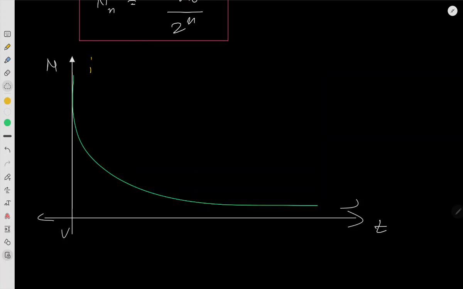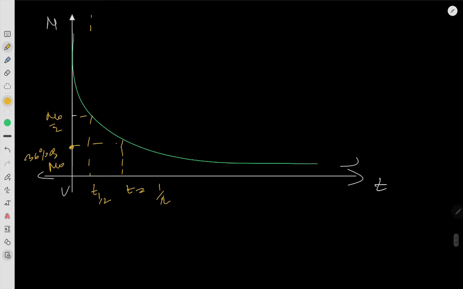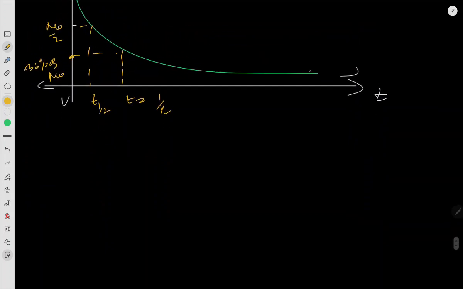So it starts. Now this point is the first t half, where it is N naught by 2. Then over here it is t second, where t equals 1 upon lambda at that point. Here it is 36% of N naught, and the graph goes on shrinking. So actually the element never fully decomposes. It takes an infinite amount of time to decompose a particular radioactive element.